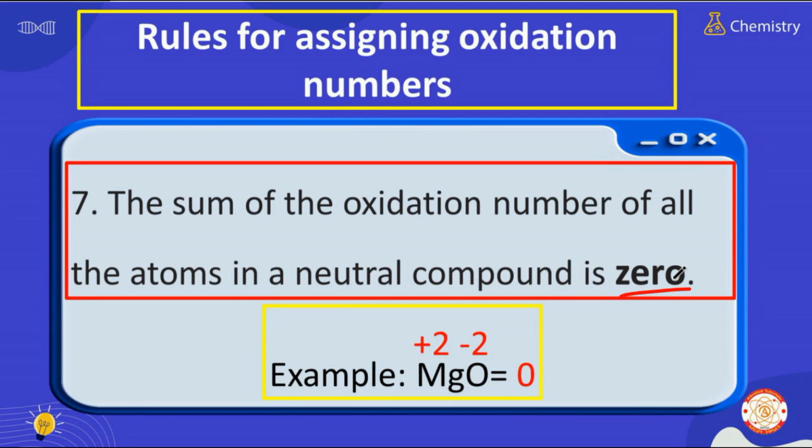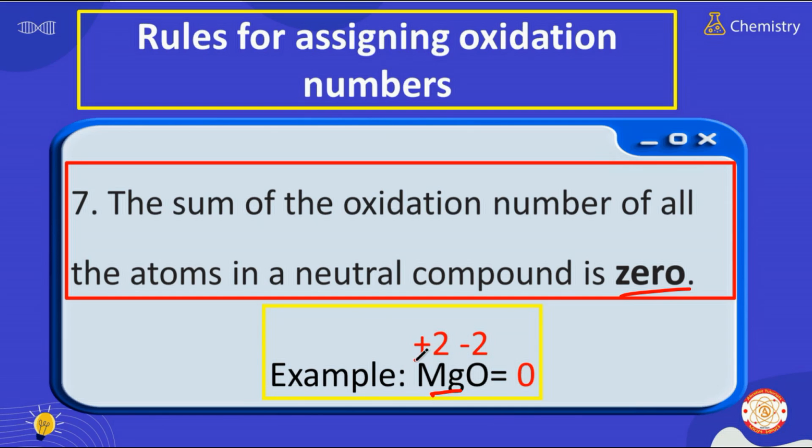So what does it mean? For example, in magnesium oxide, what is the oxidation number of magnesium? Remember, rule number 4 says group 2 elements always have an oxidation number of +2, right?